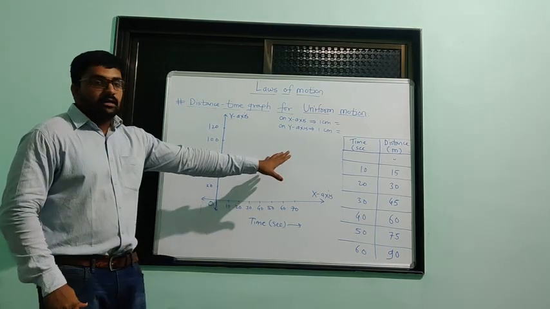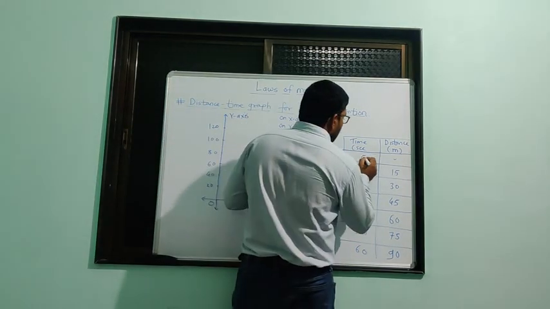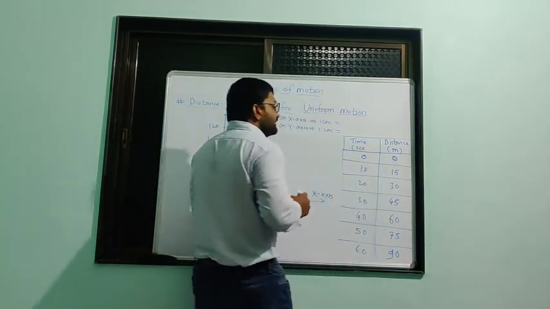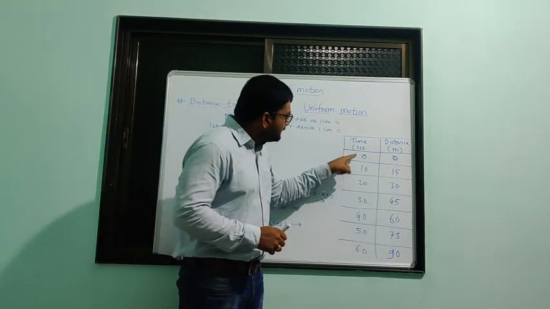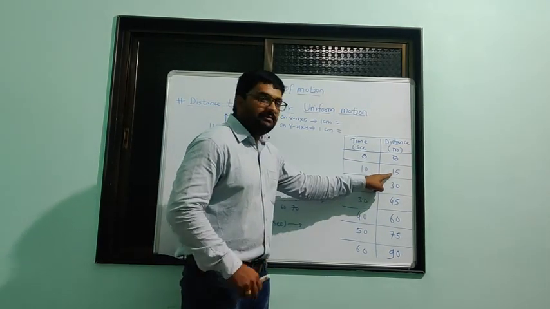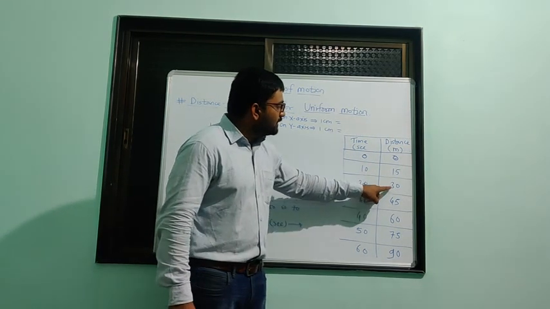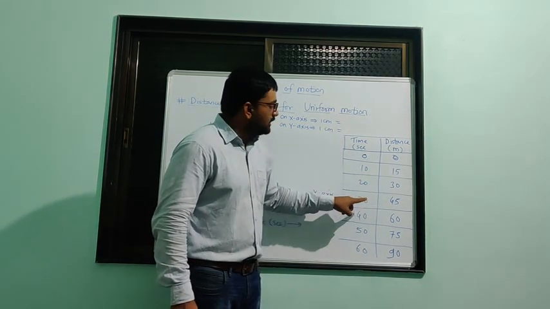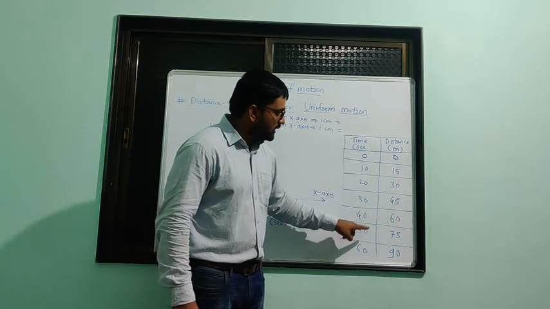Look at the given data here. Initially our time is 0, then our distance is also 0. Then after 10 seconds our distance is 15 meters. After 20 seconds our distance is 30 meters. After 30 seconds our distance is 45 meters.